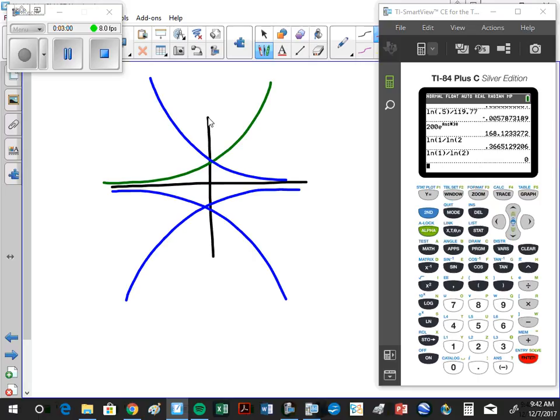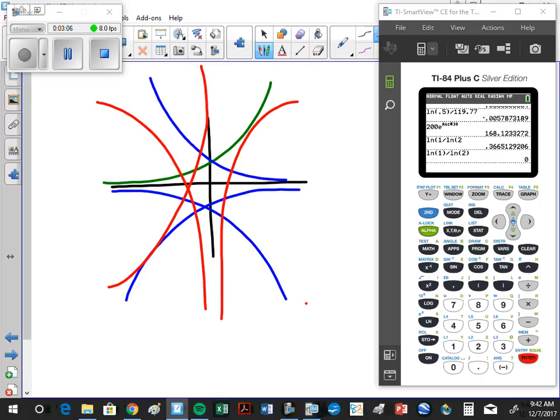So it could look something like this, or something like this, or something like this, or something like this.